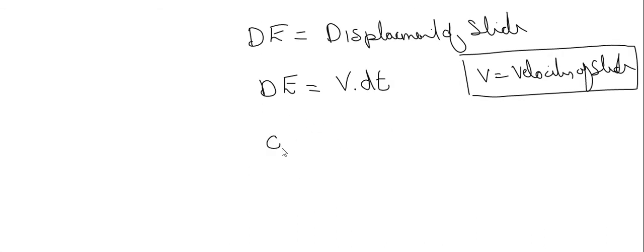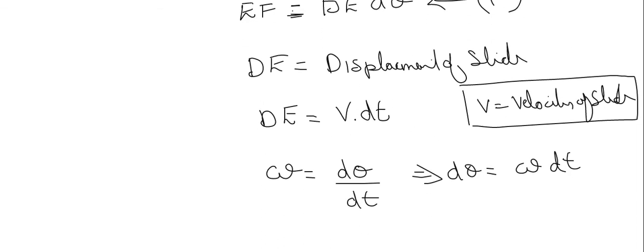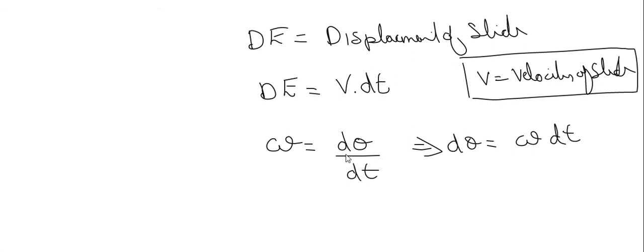And similarly, we know omega is the angular velocity, which is angular displacement by time, and we can write angular displacement d theta is equal to omega into dt. So applying these relations in equation number 1, arc EF is equal to dE times d theta.